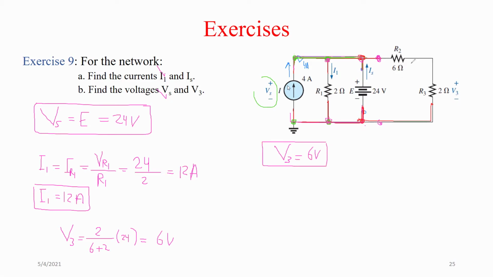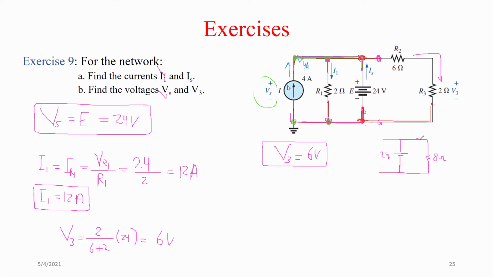And this is the other thing. You can find the current as well here, which is the voltage divided by the total resistance. Let me draw this here. Okay, this is 24 volt. And there is a circuit that goes that side, but I'm going to look at this side only. These two resistors in series, I can combine them into one resistor, which is 8 ohm.